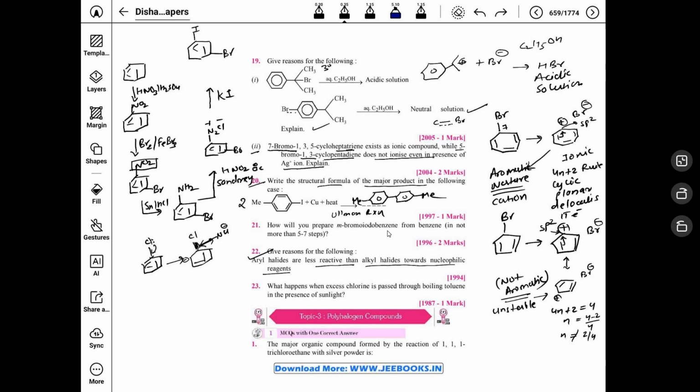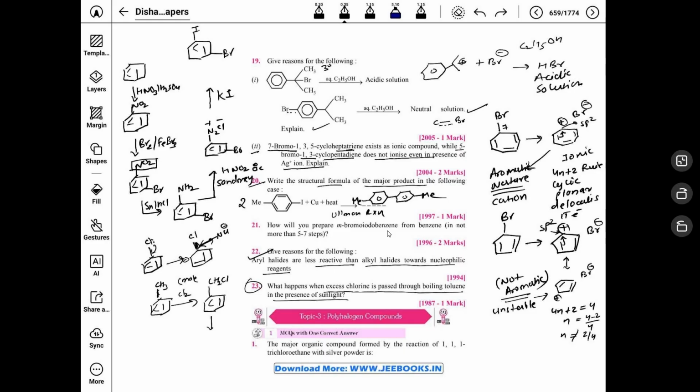Question number 23. What happens when excess chlorine is passed through boiling toluene in the presence of sunlight? This is the structure of toluene, and the given example is a radical reaction. If you pass 1 mole of toluene and 1 mole of chlorine, you will get only the monochlorinated product at this position because benzylic radicals are more stable.